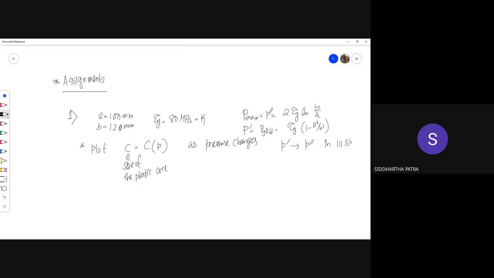in, let's say, 10 steps. Take 10 values between P prime and P double prime, both inclusive, and calculate C using the Newton-Raphson method, the method that we just discussed. Then make a plot.